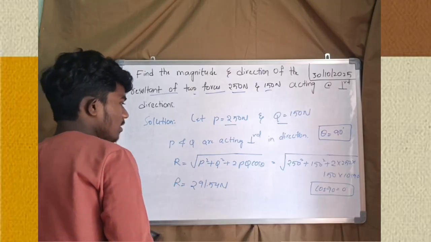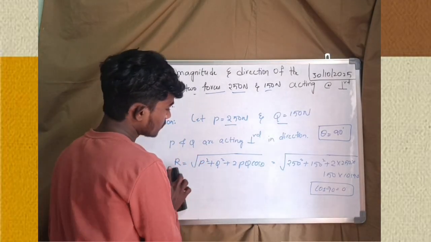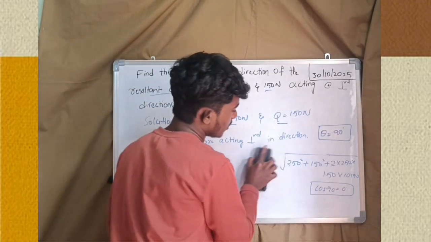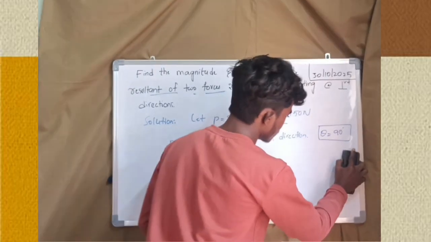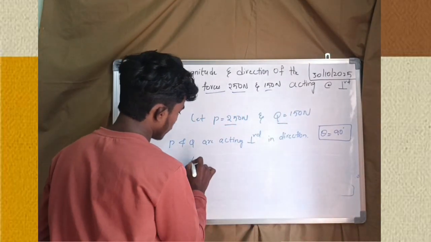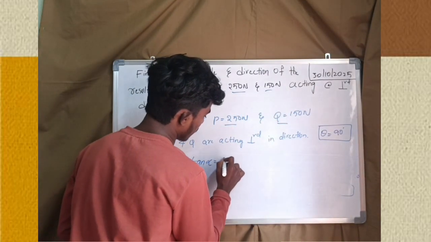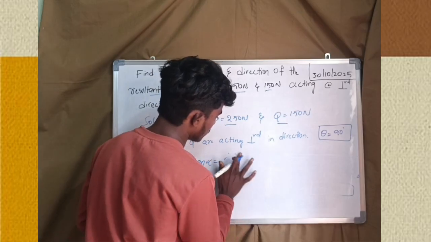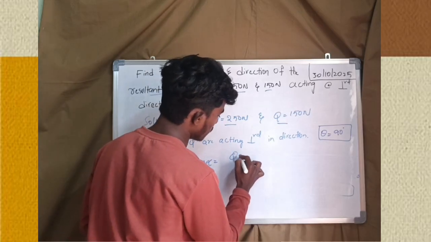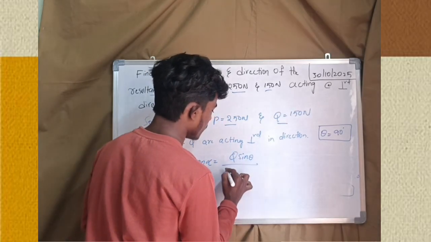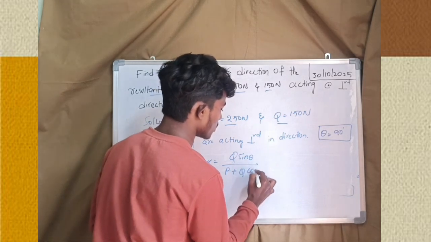To find out the direction, we have another formula, that is tan alpha equal to Q sin theta by P plus Q cos theta.